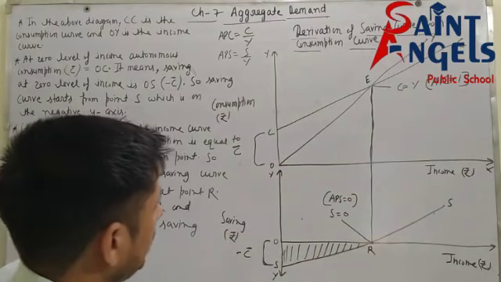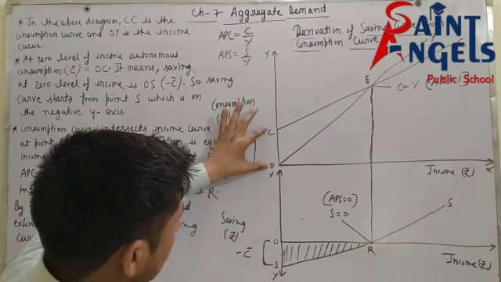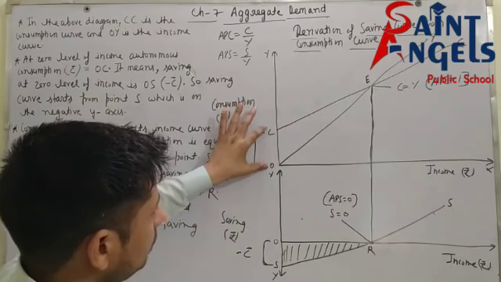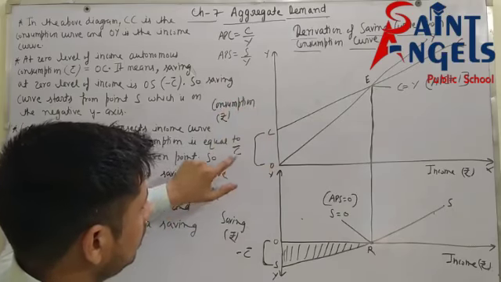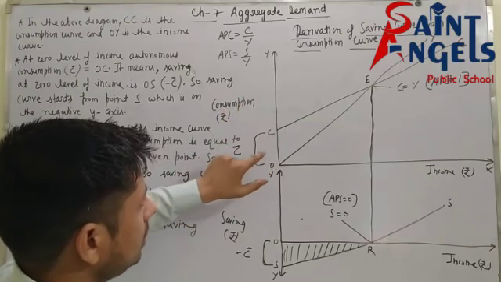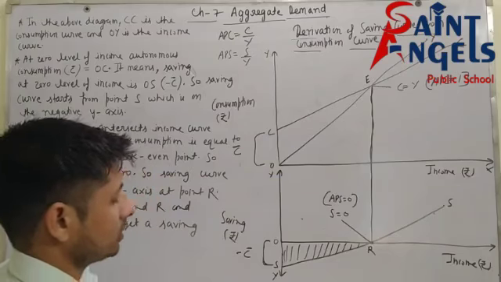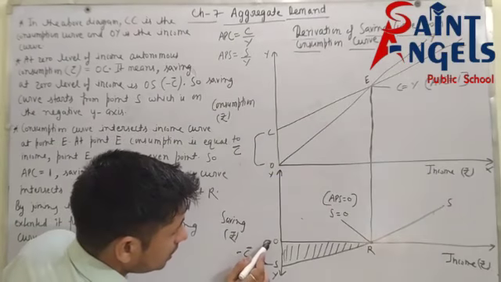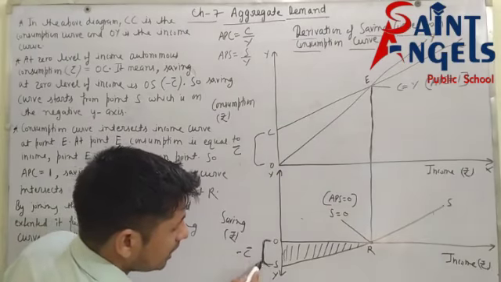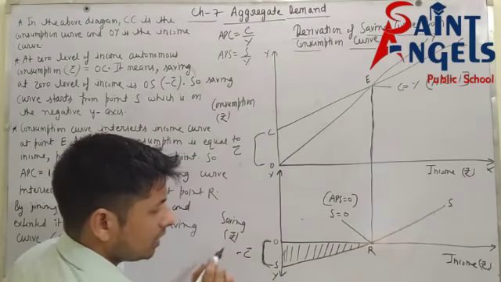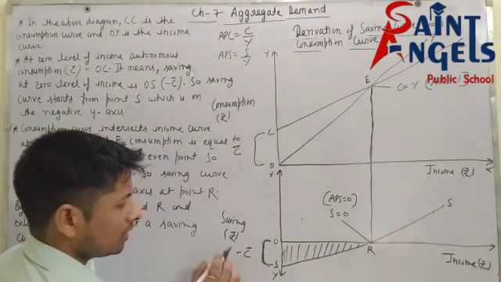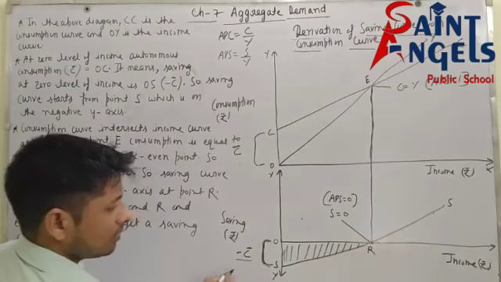See, now again I am repeating. This is the positive value at zero level of income, so this is autonomous consumption. That's why the consumption curve is starting from the positive y-axis. And this is negative value at zero level of income, means minus C bar.